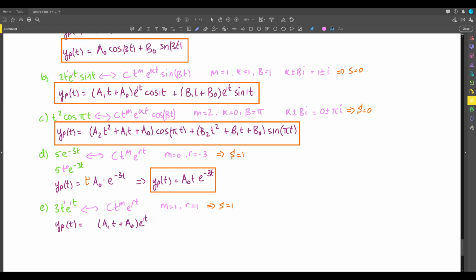And then because of it being a root of the auxiliary equation, we multiply by t to the power 1. And we can simplify that as follows. Yp of t equals a1t squared plus a naught t times e to the power t, just distribute that t over those two terms.